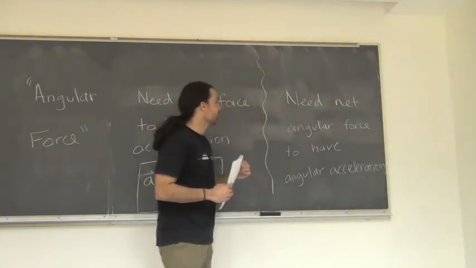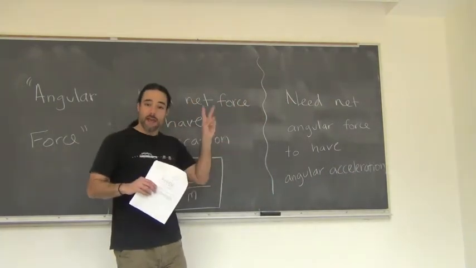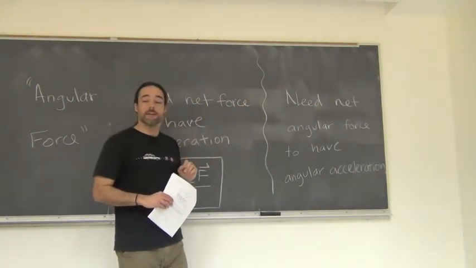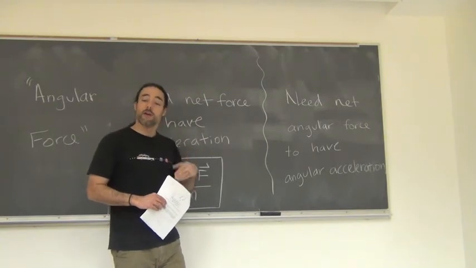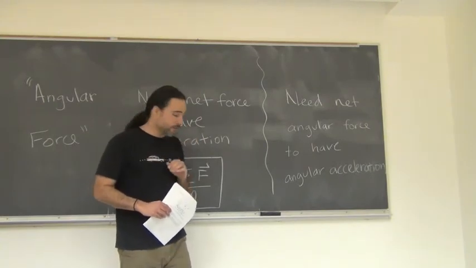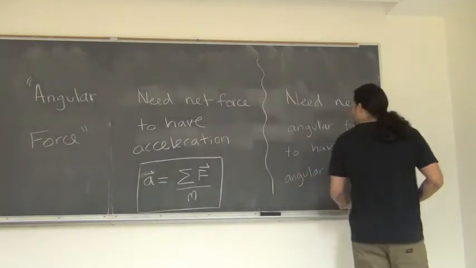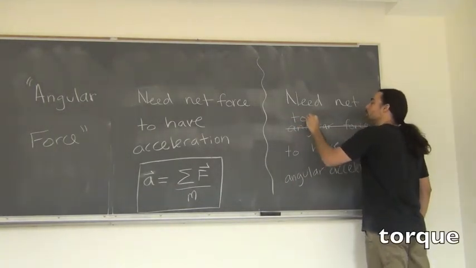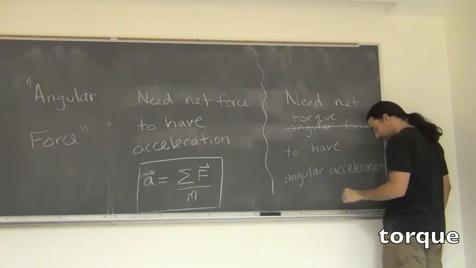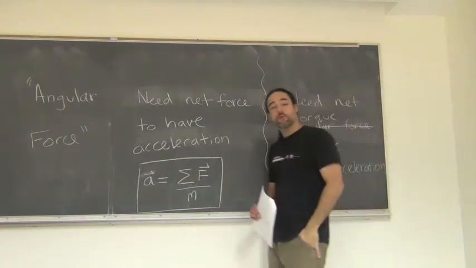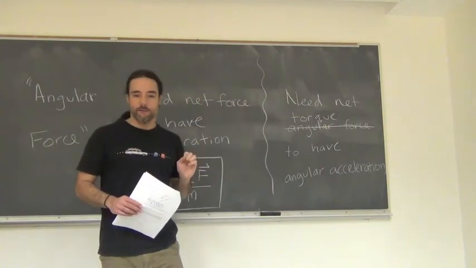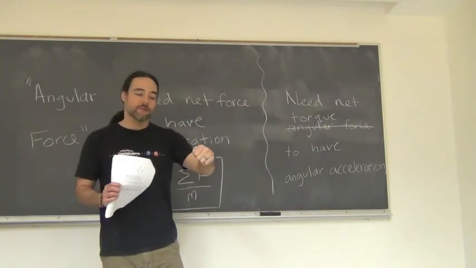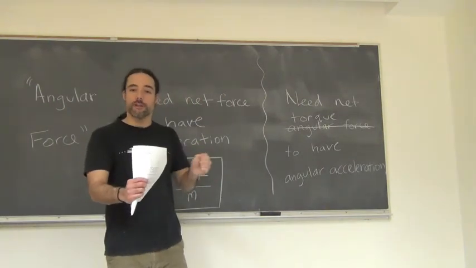And that is in fact the case. You need a net angular force to have an angular acceleration. However, angular force is not really a term that we use. Instead, what we say is that you need a torque. A torque is kind of like a force that tries to rotate an object.